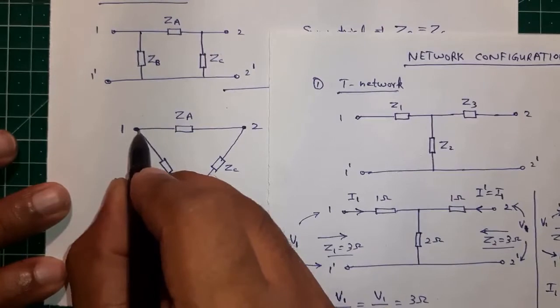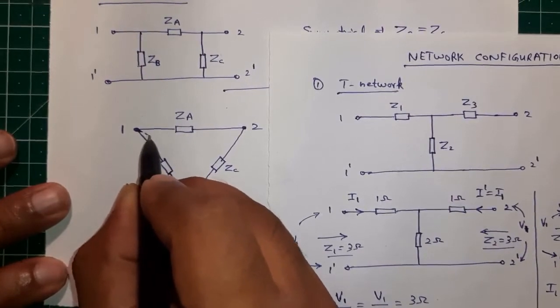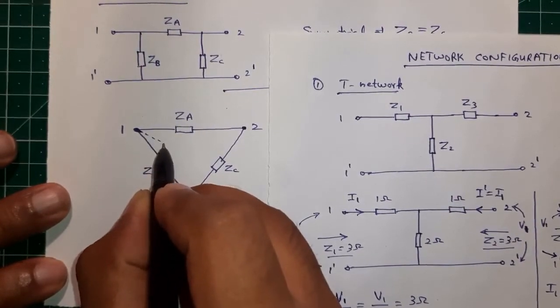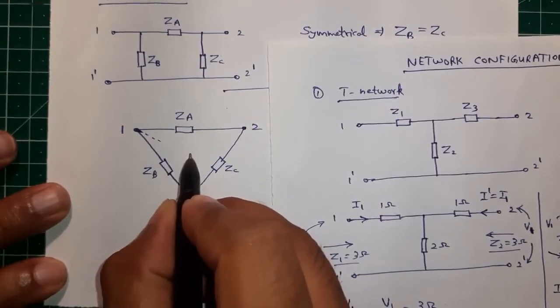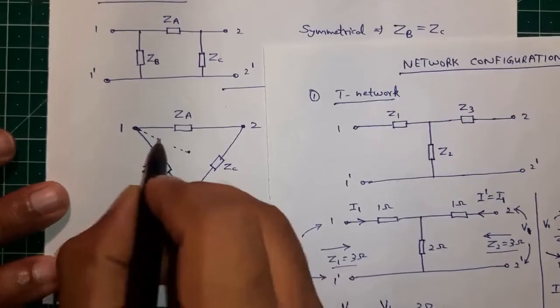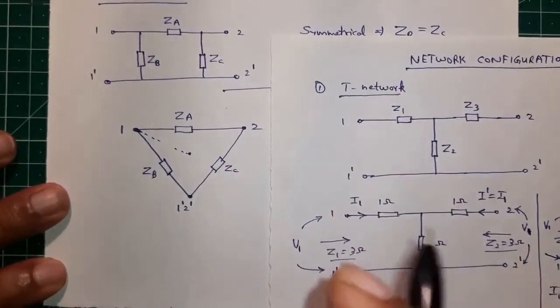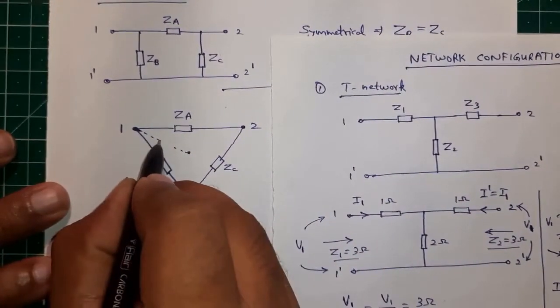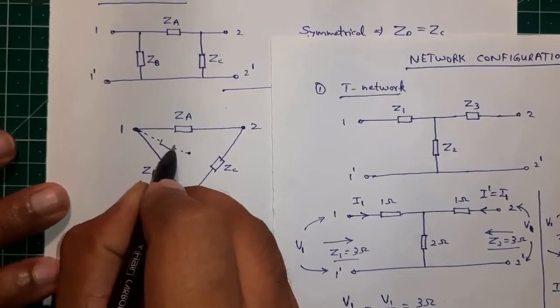So we can start drawing from 1 and we will get an intermediate point, and this is Z1.